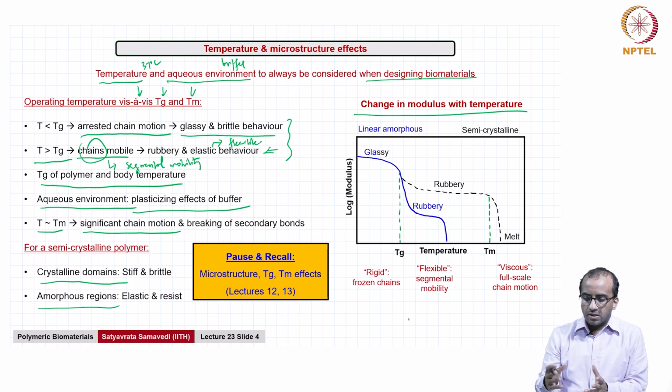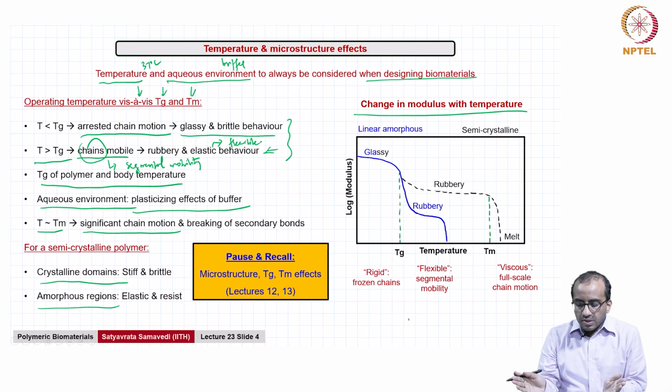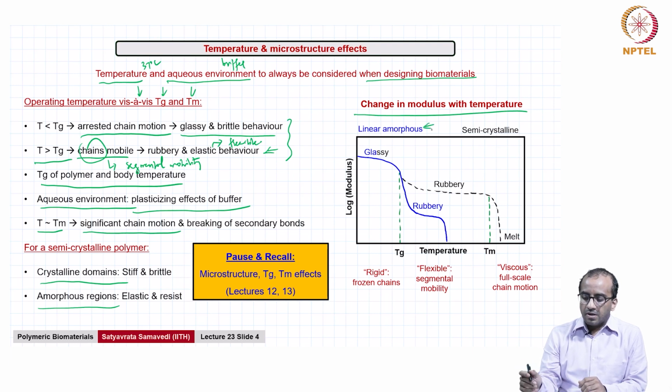And shown here is the plot of log of modulus versus temperature for two different types of polymers. One is a linear amorphous polymer shown in the blue trace here, and the other is a semi-crystalline polymer shown in the black dashed trace here. So, this would be this and this would be this.